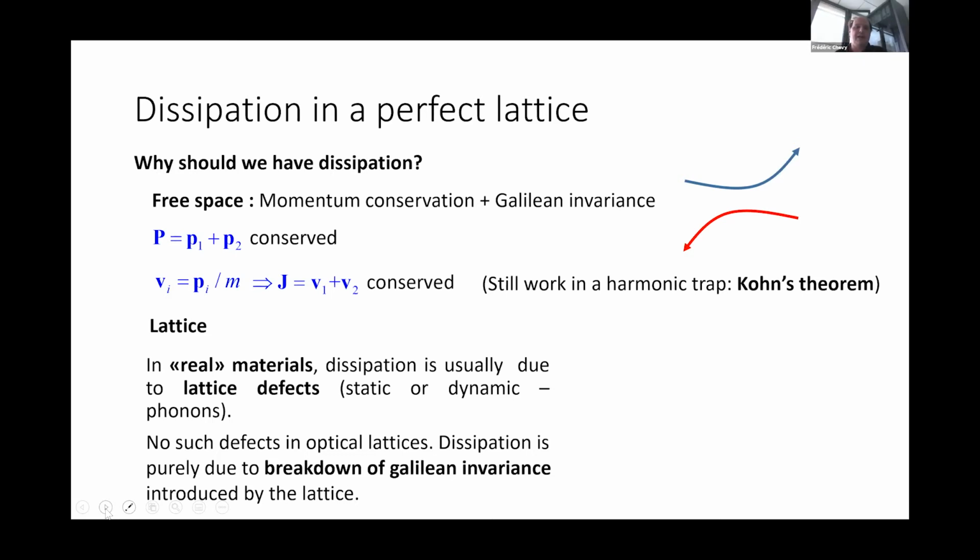And actually, the origin of dissipation in our case is the breakdown of Galilean invariance. The fact that in a lattice, there's no longer this linear relation between the velocity and the momentum or the quasi-momentum.